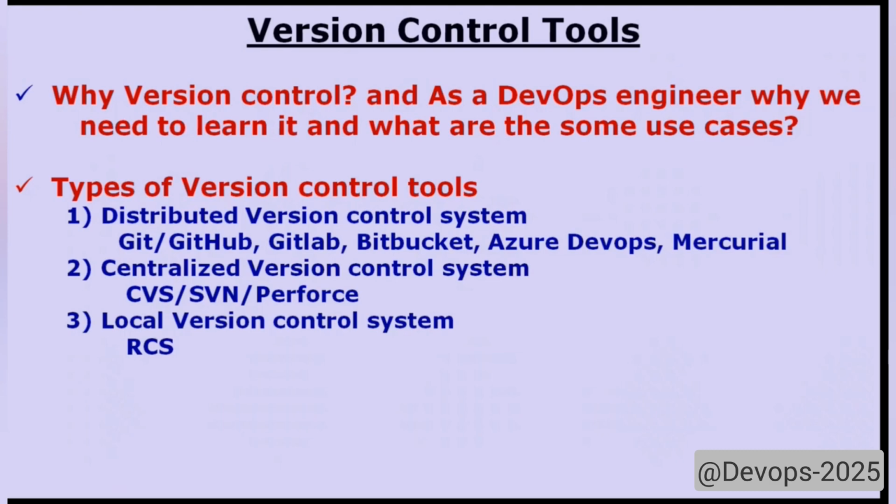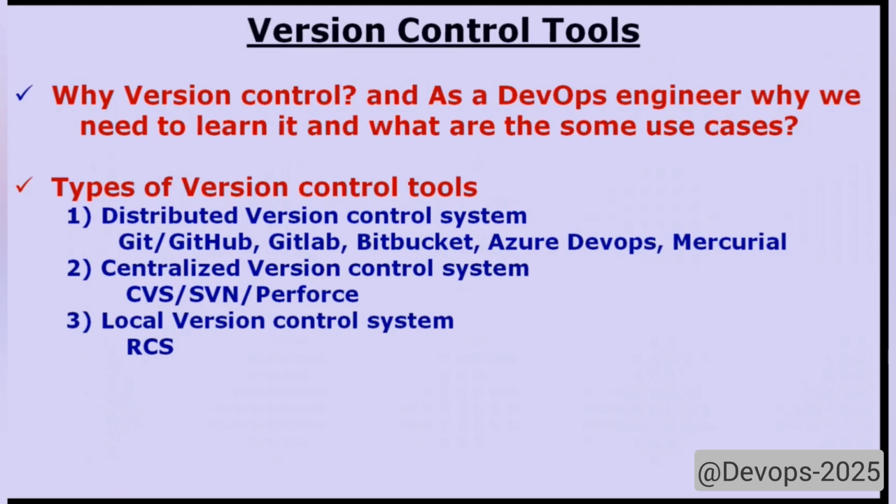Now when we come to the local version control system, we have a local server. On the same local server we have a source code repository. We develop there, and we can create various versions of the project. Then we can store them on the local server itself. So this is called a local version control system. It is a very old one, no longer used, it is outdated, hence it is not in the market.